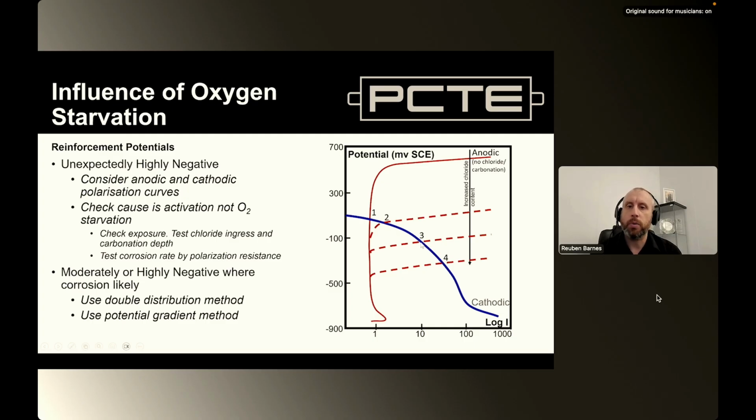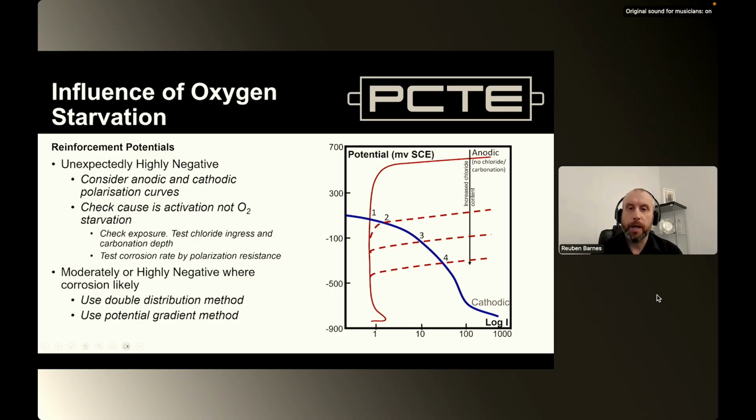If you look at these points of intersection, these are now the current steady states of those systems. And so as we increase the concentration, we get an increase in corrosion rate. So this very neatly explains why we can measure potentials and then make some sort of inference as to what's going on in terms of corrosion.